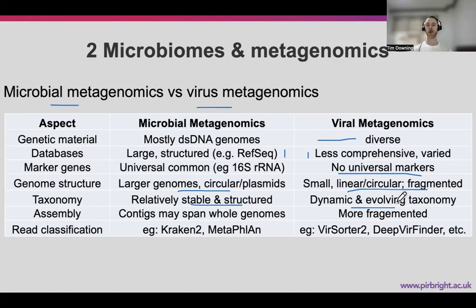And we know that many virus genomes are more fragmented, whereas bacterial genomes may be complex, but certainly are better understood. Fortunately, for a lot of bioinformatic methods like read classification, things like Kraken 2 can be effective, which is also useful for differentiating viral DNA from bacterial and other contaminants, and also the host DNA as well.